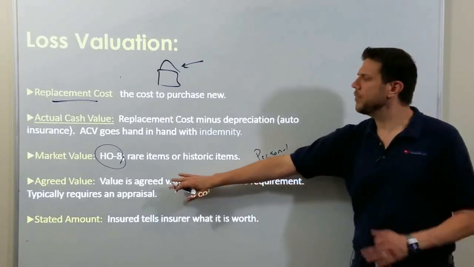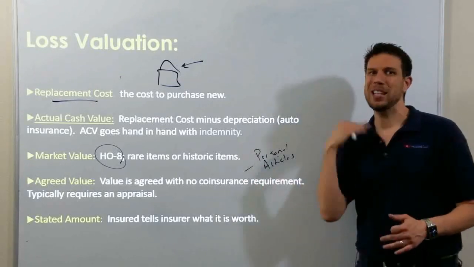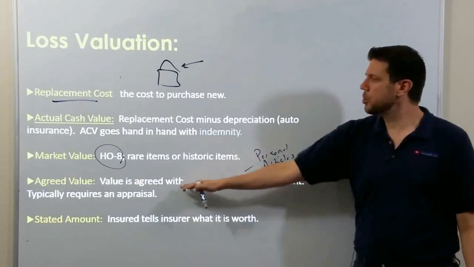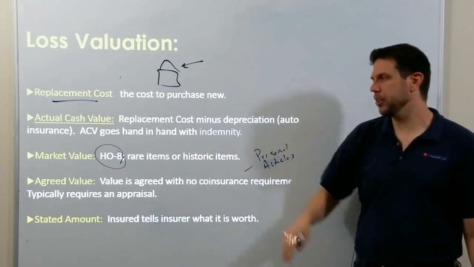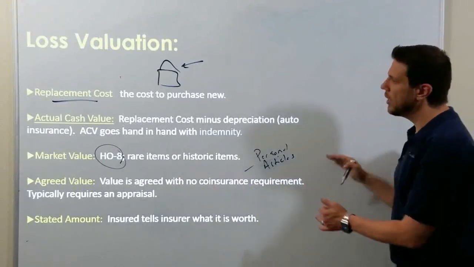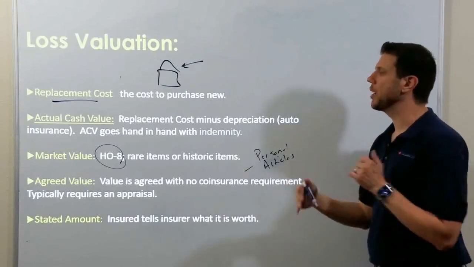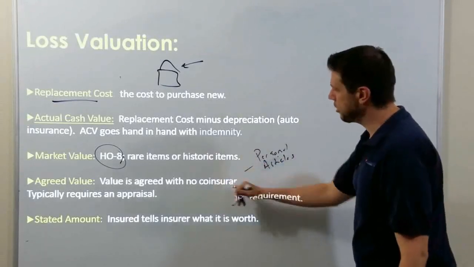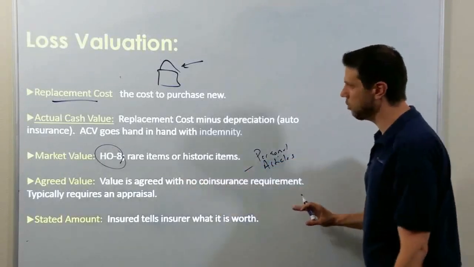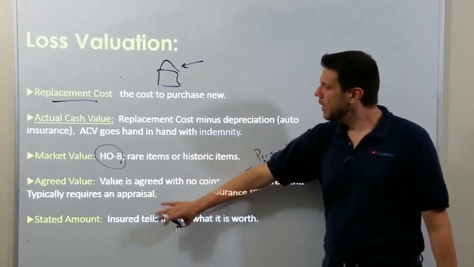The cool thing is if you insure something on agreed value, you don't have to meet a deductible and you don't have a co-insurance requirement, which we'll learn what co-insurance is a little bit later. But agreed value, you pay extra for this insurance. That way you get exactly how much you say it is and they agree, typically because you had that appraisal. Since you're paying extra for this insurance, you don't have to meet a deductible, you don't have to meet co-insurance requirements. Agreed value is not used very often.